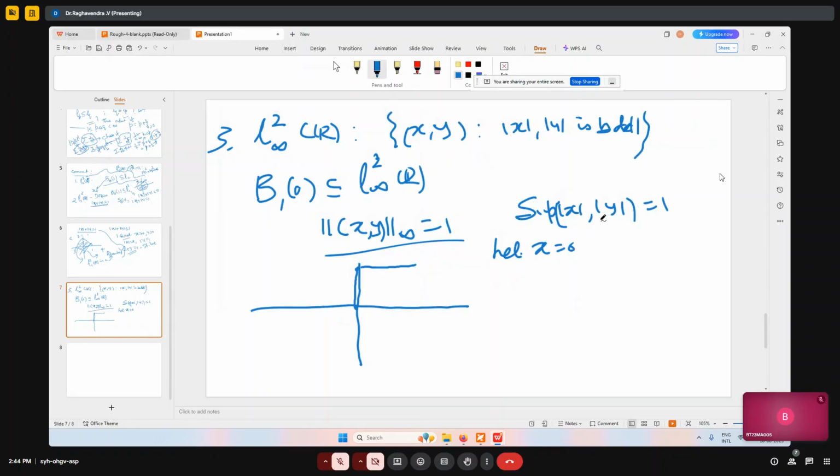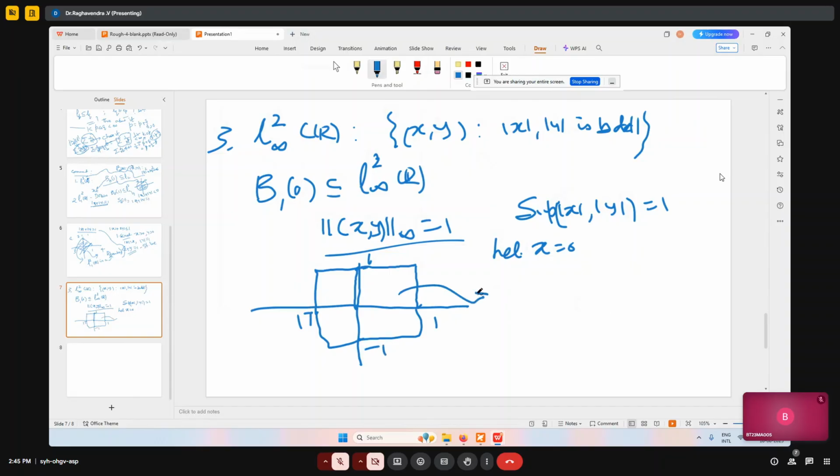So when y is 0, what you get is x equal to 1. X equal to 1 is this line. Similarly, you complete this, you will get it like this. This is minus 1, this is plus 1, this is 1, this is minus 1.